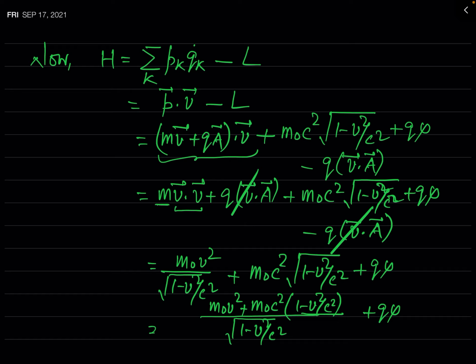So what is the expression for the Hamiltonian? You can see this H will be equal to m naught c square over square root of 1 minus v square by c square, plus q phi.